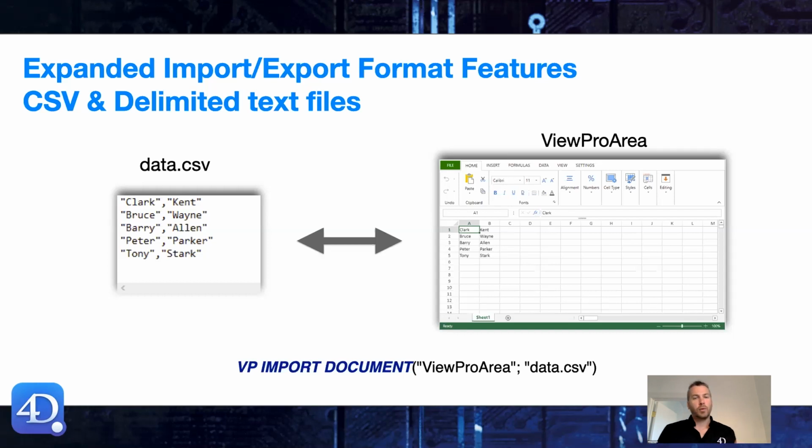Now with VP IMPORT DOCUMENT, you can set the column and row delimiters to be whatever you need them to be. So you can import your non-standard delimited files with ease. Some people like the bar, some people like 2 commas, whatever way you need to do it, you can now do it easily in 4D. So super cool.